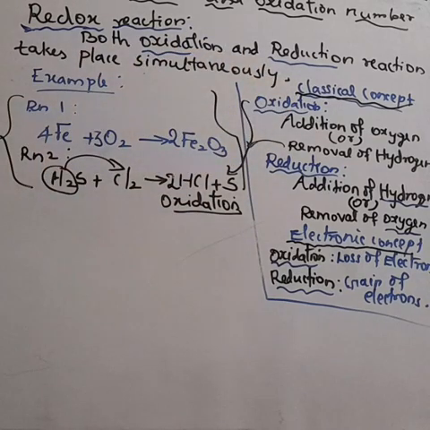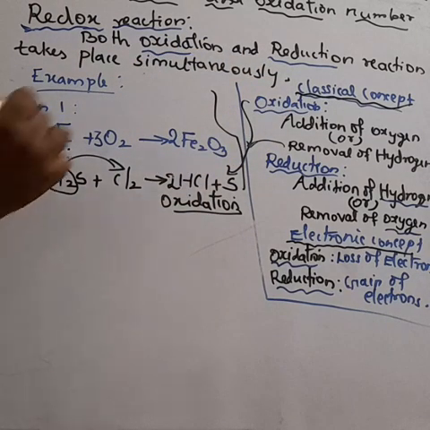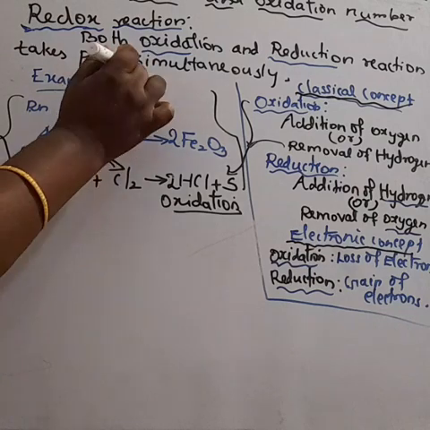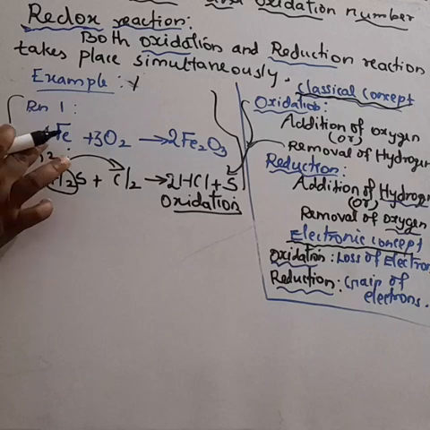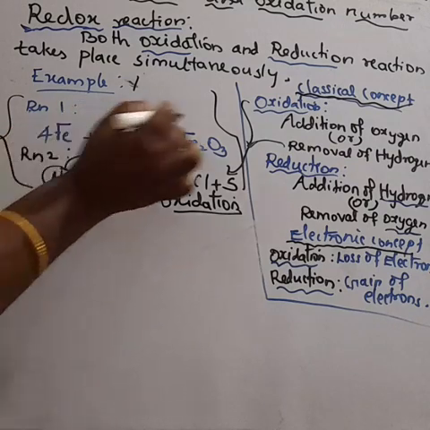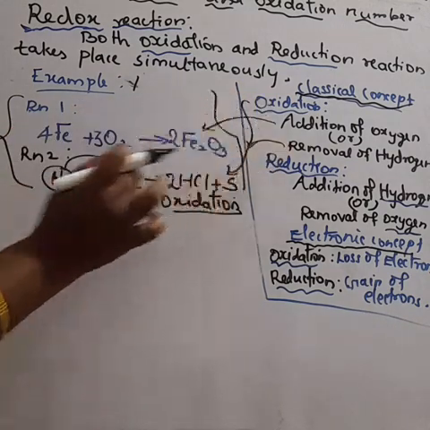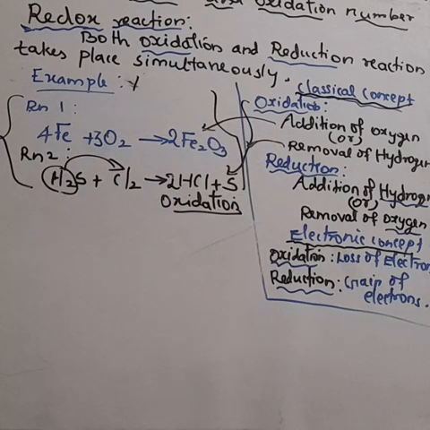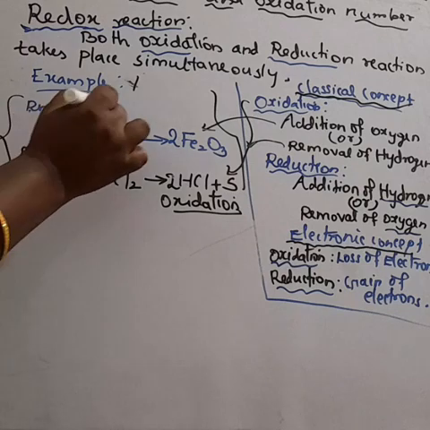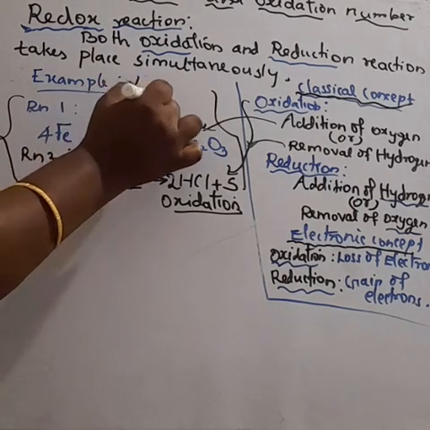Okay, understood? So oxidation in reaction 1 takes place by the addition of oxygen. In the case of the second reaction, oxidation takes place by the removal of hydrogen. So oxidation means addition of oxygen or removal of hydrogen.